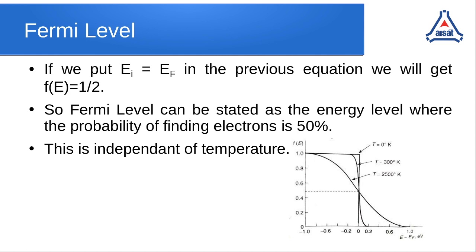So if we go back to the idea of the energy band diagram, this Fermi level is a level which comes in between the conduction band and the valence band. In normal condition, all the electrons will be in the valence band, which is an energy level lower than the Fermi level. If we increase the temperature, some of the electrons get excited and try to escape to the conduction band.